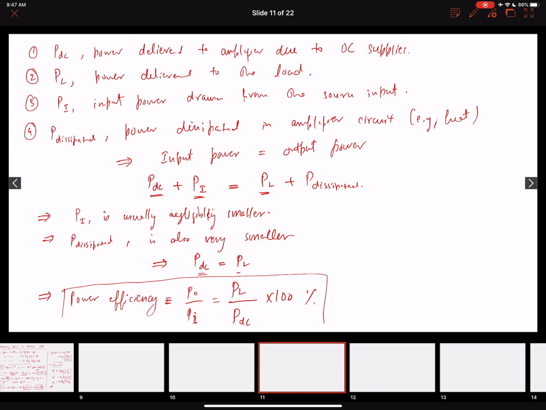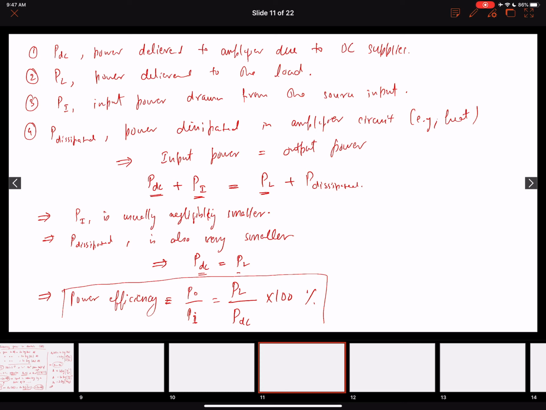Okay, so before what I'm going to do now is we will also do an example that will clear up some of these concepts in more detail, especially related to the power efficiency and some of the concepts that we discussed earlier about the different gains of the amplifier. So we're going to shortly do an example.